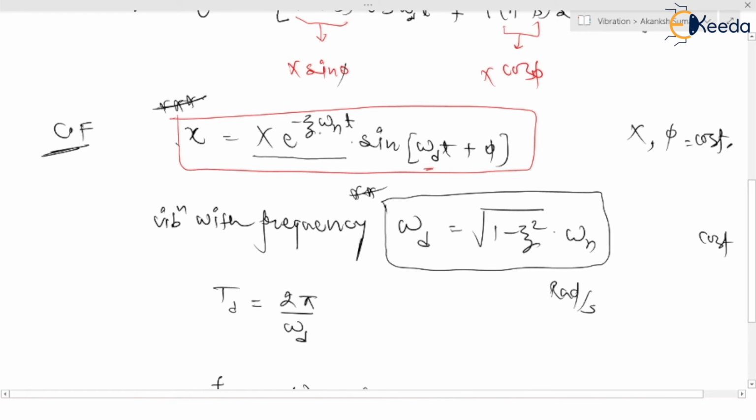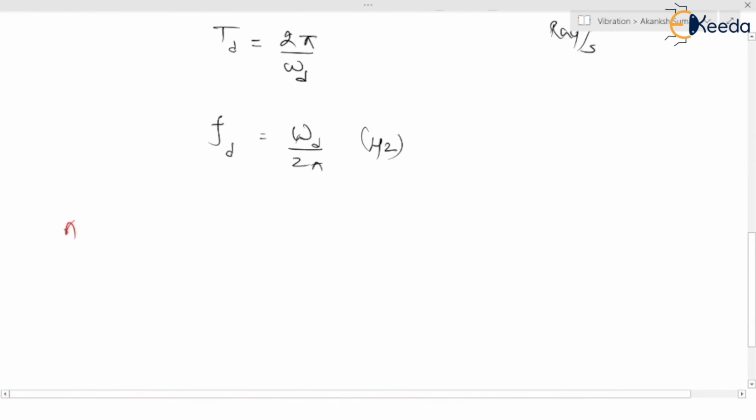You can see carefully, this is an exponential function of time, which means the amplitude is going to decrease with time. The minus sign denotes that as time goes on, there will be a reduction in the amplitude, which is X e to the power minus zeta omega n t, which decreases with the increase in time, because it is a function of time.